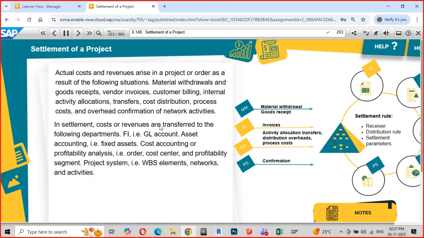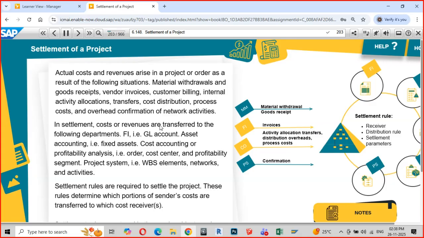We have all seen this. So it applies to each and every component in your CO. It is not just for your cost center or for an internal order or anything else. The concept is applicable to each and every entity.